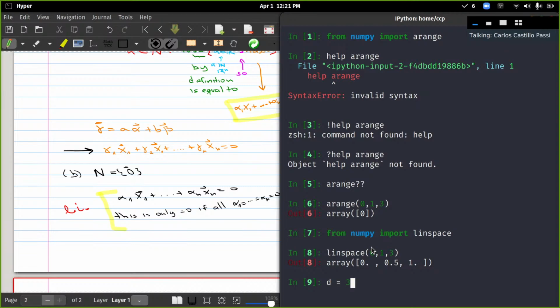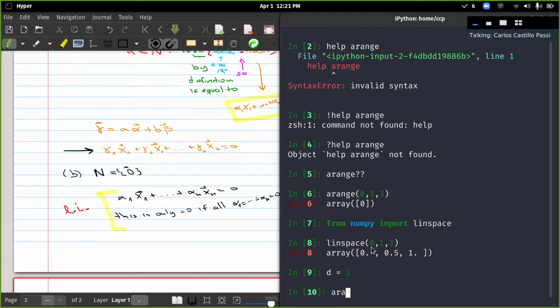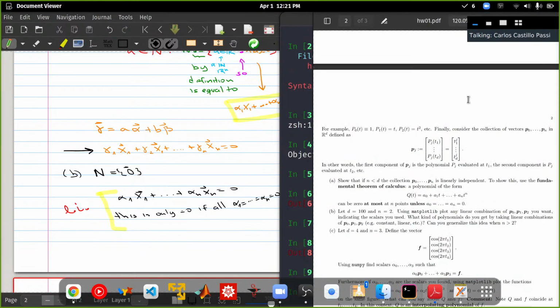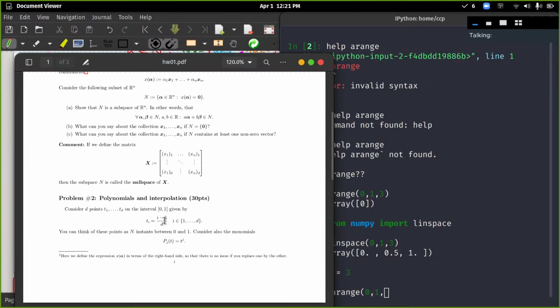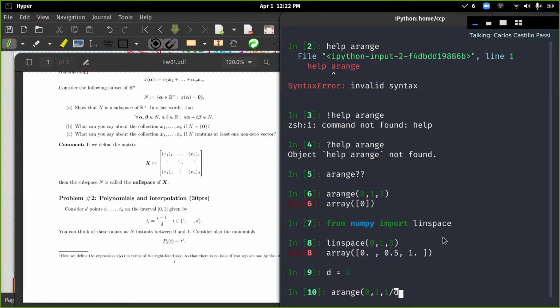Let's say d is equal to 3. Then arrange from 0 to the stop, and the step needs to be this one here. So the step is 1 divided by d.